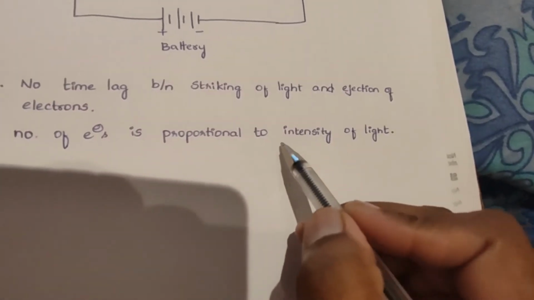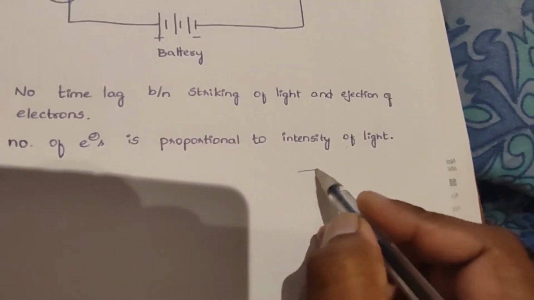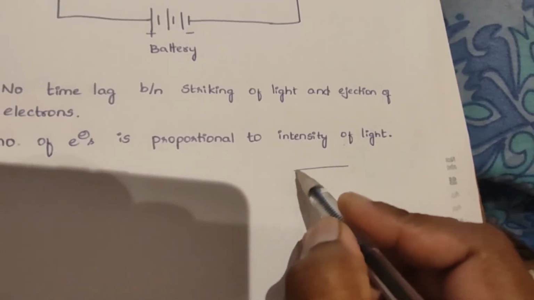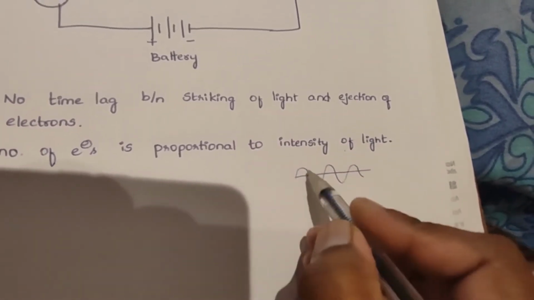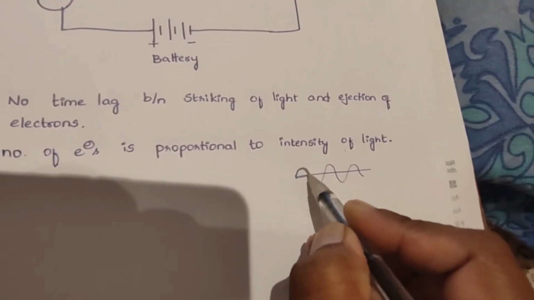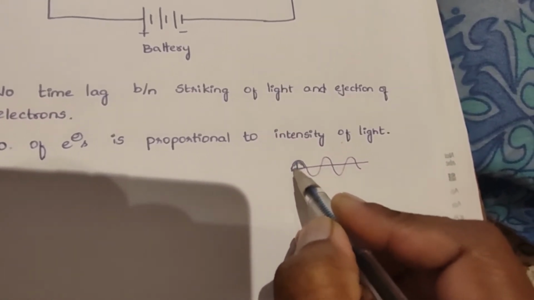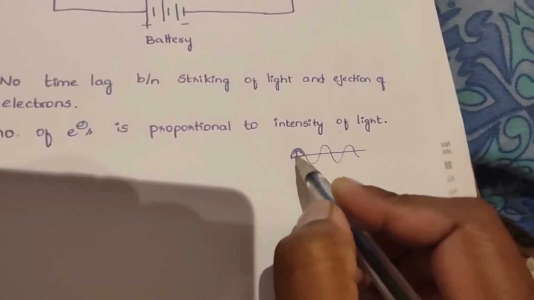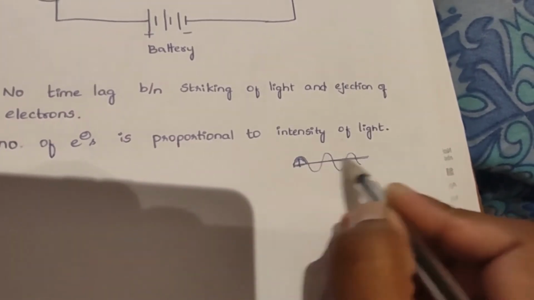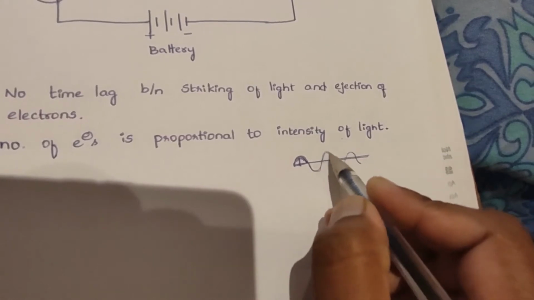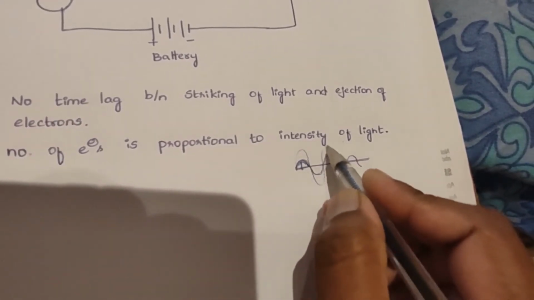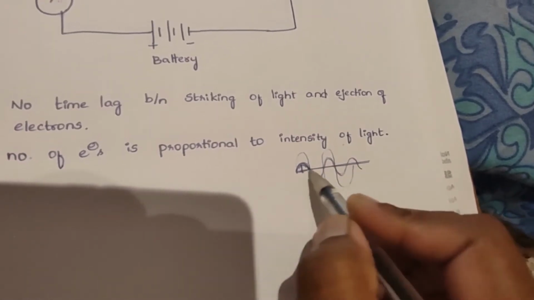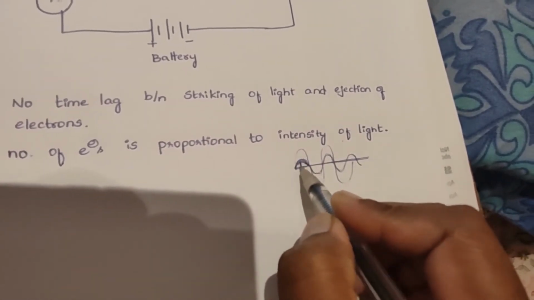Here intensity means, if we consider light as a wave, the amplitude, the maximum displacement from the central point. If this is considered as a wave, the displacement of the wave from its central point is considered as its amplitude.